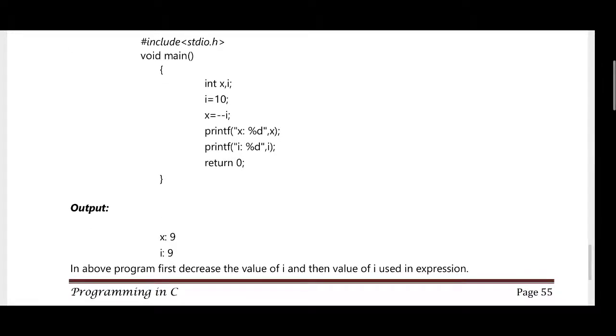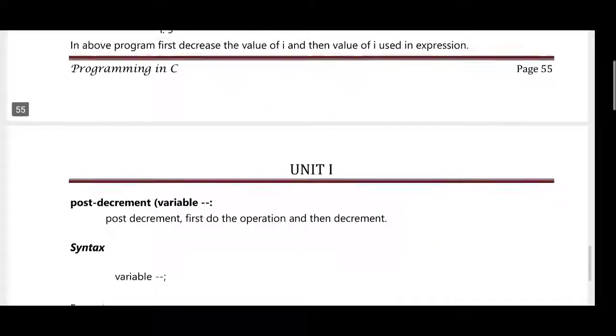Output: x is equal to 9 and i is equal to 9. The above program first decreases the value of i and then the value of i is used in the expression. So the value of i is 9 and the x value is also 9.